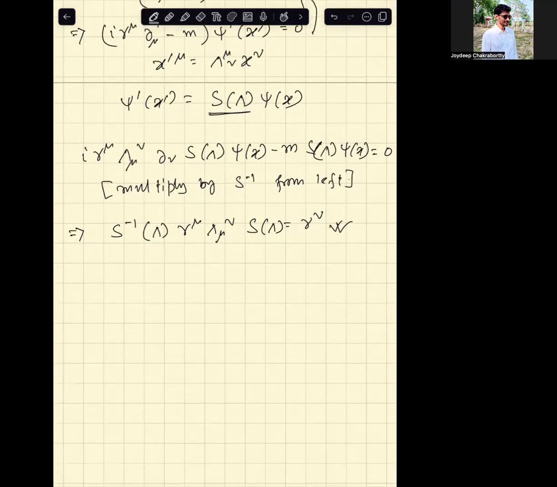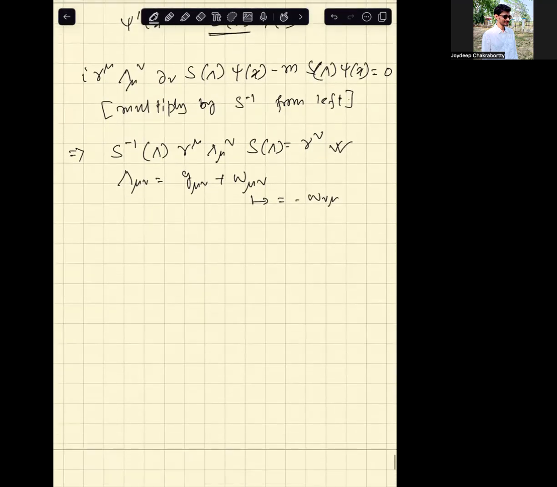And then for S(lambda), consider an infinitesimal Lorentz transformation. Then we can write lambda mu nu as the metric g mu nu plus some omega mu nu, where omega mu nu is equal to minus omega nu mu, the antisymmetric part. Then we can write S(lambda) as 1 minus i by 4 beta mu nu omega mu nu, and these betas are basically 4 by 4 matrices, which we'll see how to write down in terms of gamma.